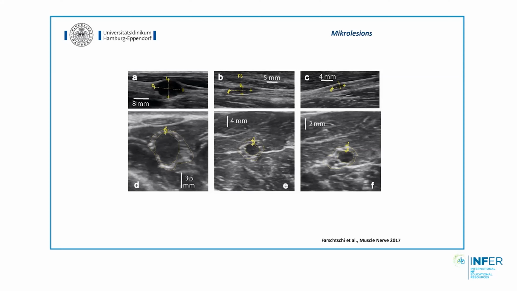Interestingly, there is no correlation between the cross-sectional area and the number of microlesions. There is also no correlation between the cross-sectional area and the number of motor units. The fact that microlesions are present both in conditions with and without axonal loss, namely NF2-related and non-NF2-related schwannomatosis, makes this plausible.